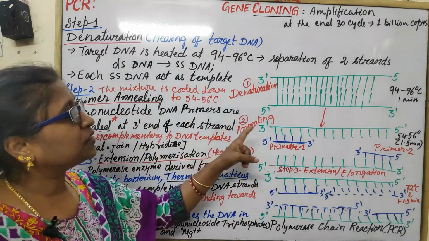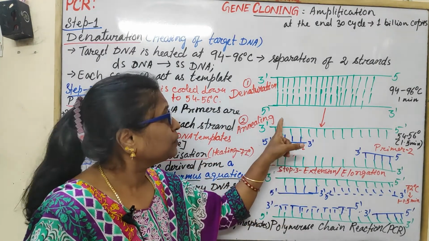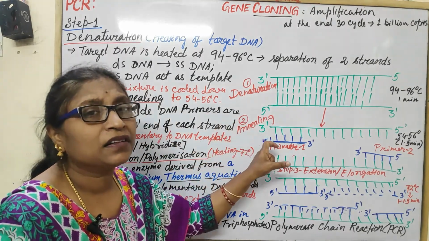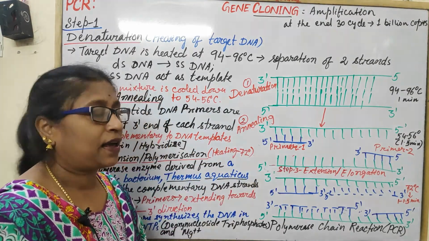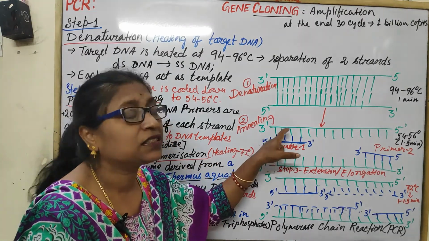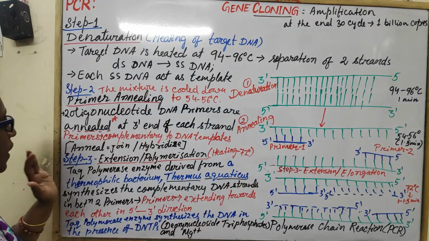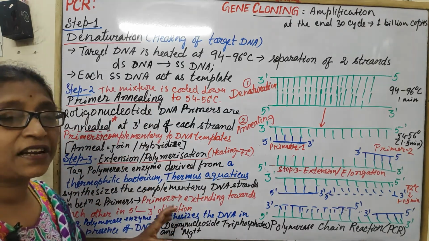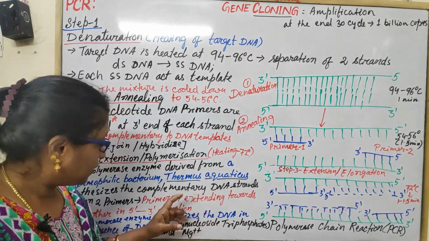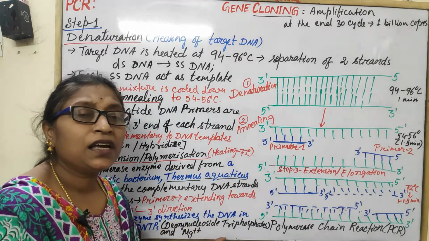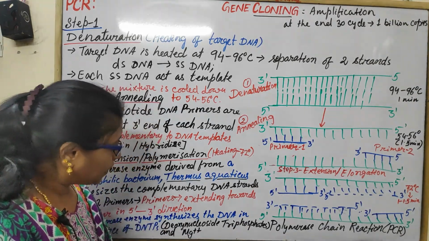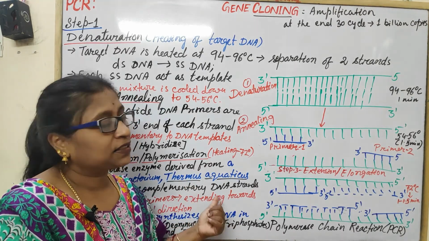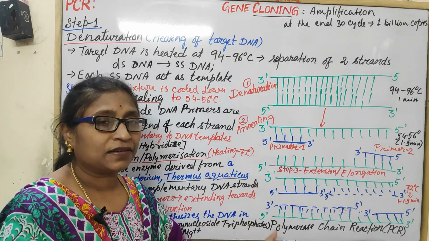Then annealing: the primers are annealed with the single stranded DNA at the 3' end, because the primers are complementary to the nucleotide sequence present there. Then extension or polymerization occurs in the 3rd step, where the Taq polymerase enzyme, derived from Thermus aquaticus, in the presence of dNTPs, deoxynucleoside triphosphates, and magnesium, synthesizes or extends the DNA strands. Okay.